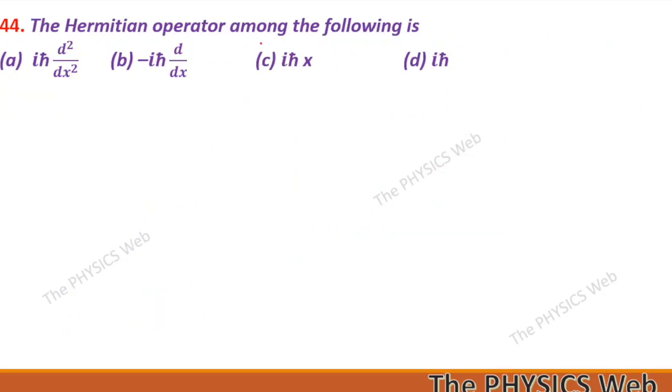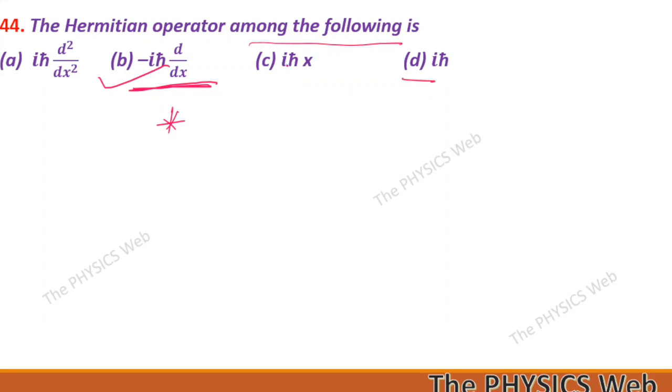The Hermitian operator among the following is. Okay, so always remember the operators corresponding to physical observables are Hermitian in nature. So you can see in option B, this operator is the momentum operator. So this must be a Hermitian operator. Okay, so B is a Hermitian operator. You can check the others.